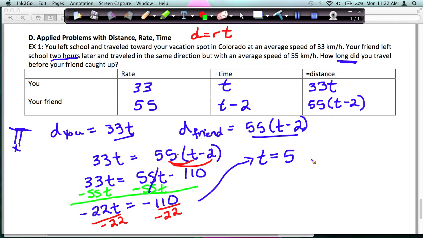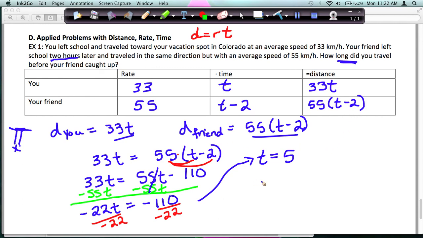And I always say make sure your answer makes sense. So if you got, let's say, 1/3 or a negative 0.2 or 500 hours and you're not going that far, you just want to make sure that your answer makes sense.